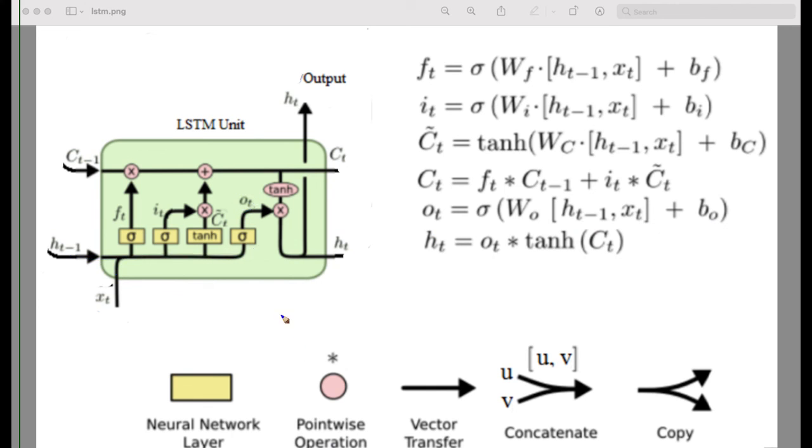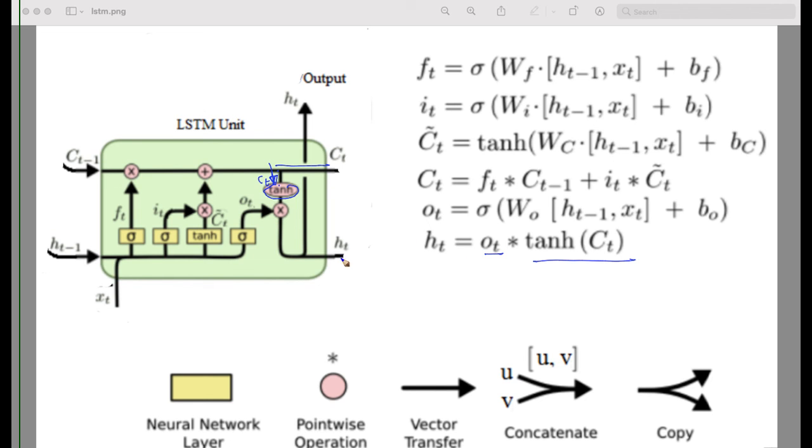Okay. Now this tanh is getting applied. Now you see, this CT is going here as well as coming here. So we are applying tanh on CT. Pointwise tanh is applied on CT, and then that is pointwise multiplied with OT.